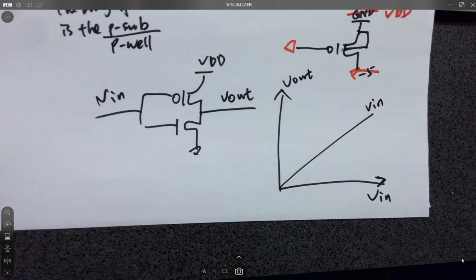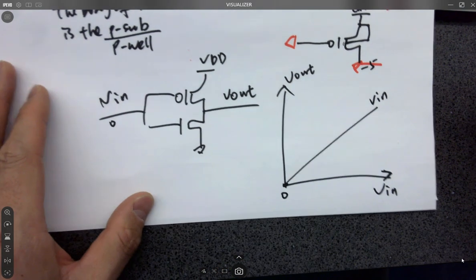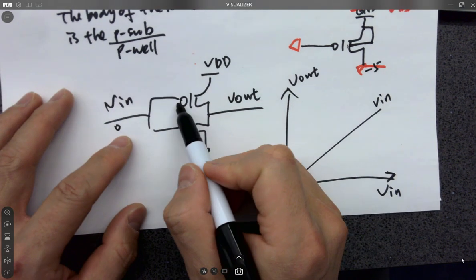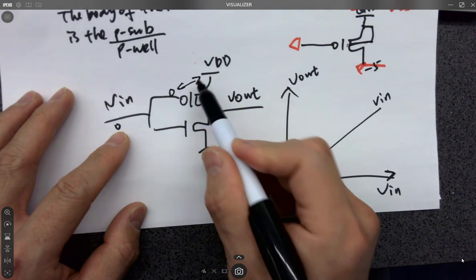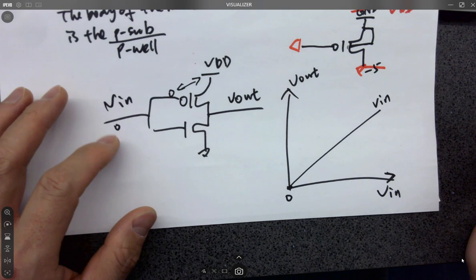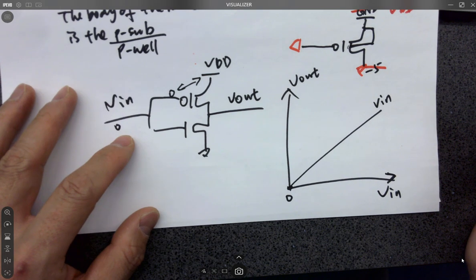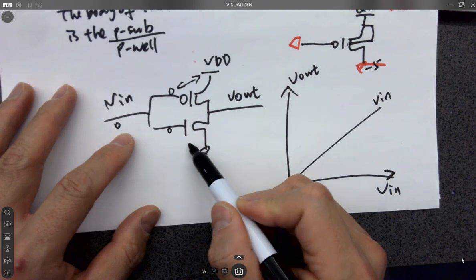So what does V out look like? Whenever V in is 0 volts, what's happening for the PMOS? On or off? On, right? NMOS, on or off?